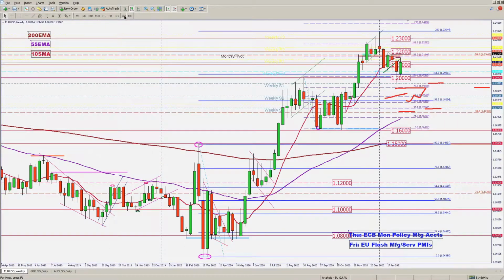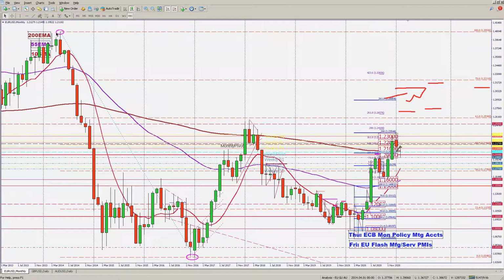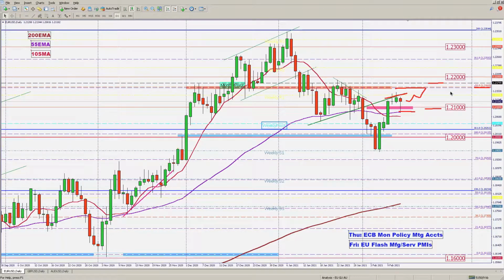If we take a look at this monthly time frame all the way back from March 2014, that's the 50-Fib retracement level there. So there is a bit of limited upside here, at the 121.66 area.